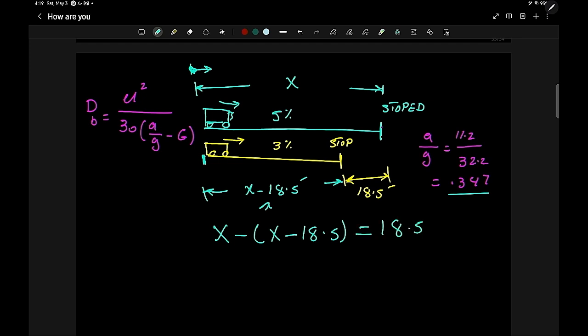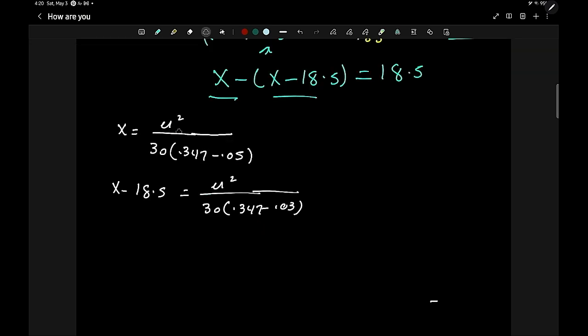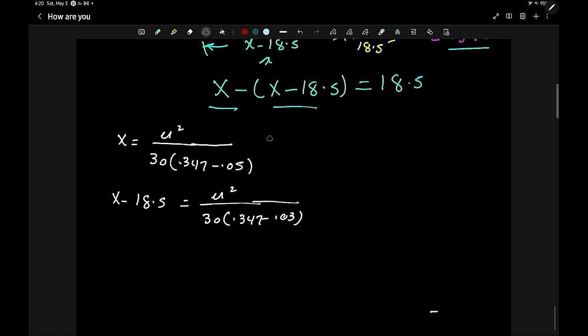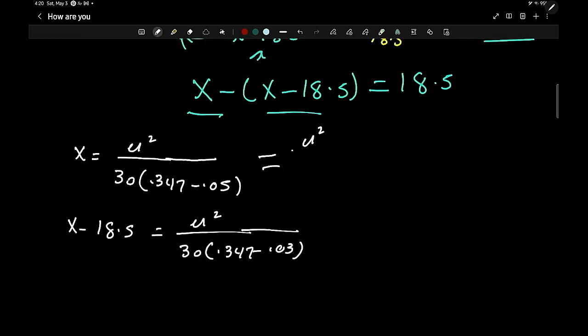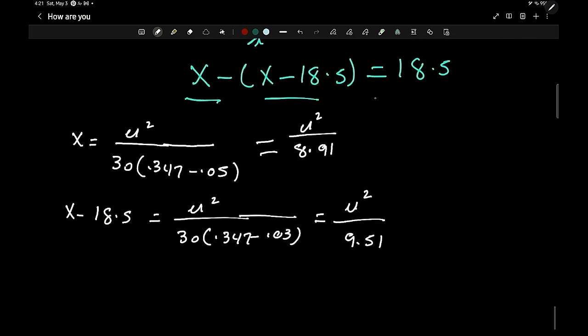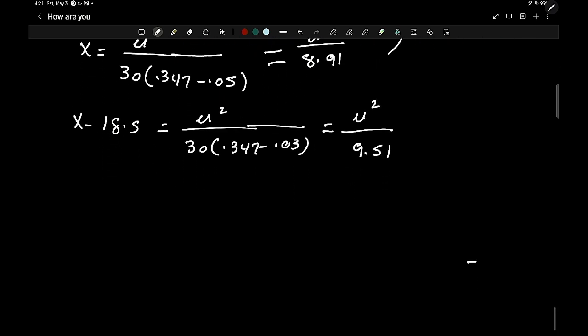Now I'm just going to plug in the formula for each. So x is equal to u squared divided by 30 times (0.347 plus 0.05), which comes out to u squared divided by 8.91, and this one is u squared divided by 9.51.